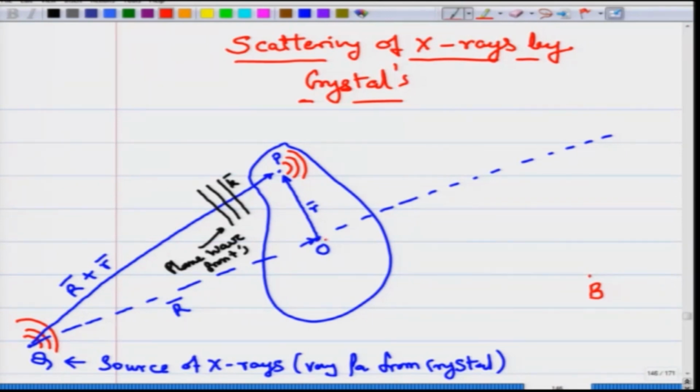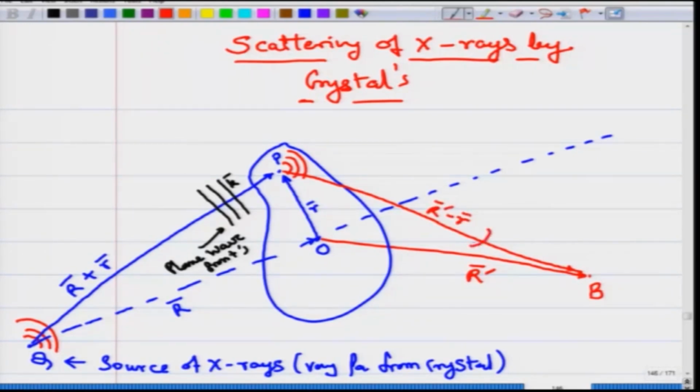So, you can describe this point with respect to O as R bar prime. The light which is getting scattered, this is R bar prime minus R, and the spherical waves which are reaching this have a wave vector k prime.